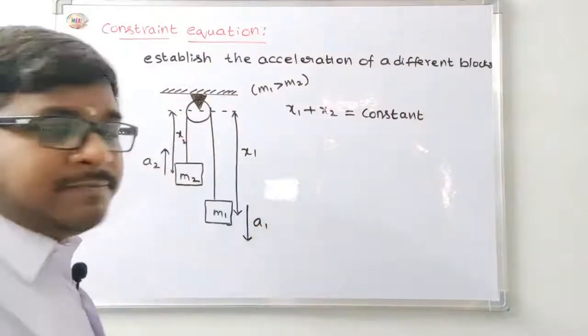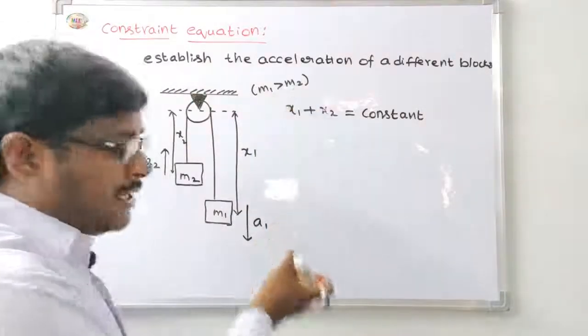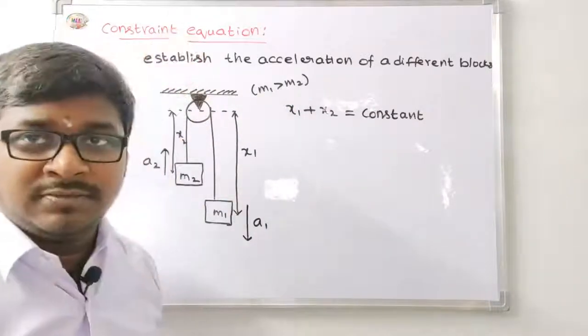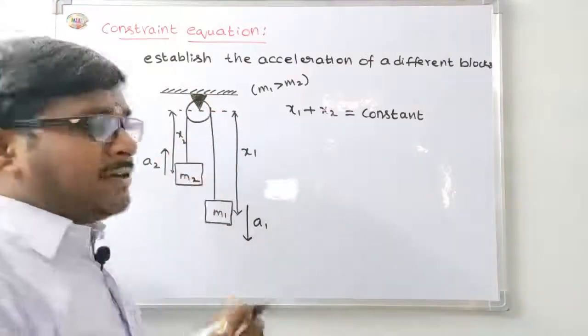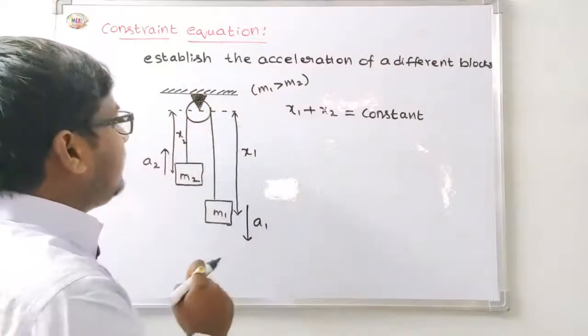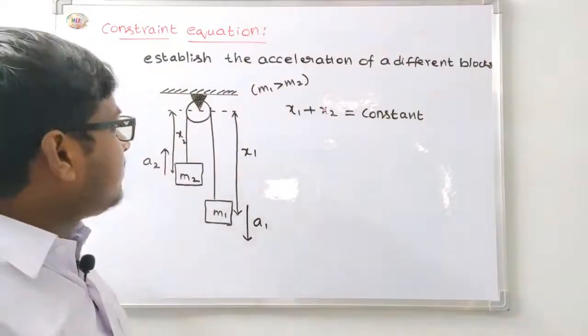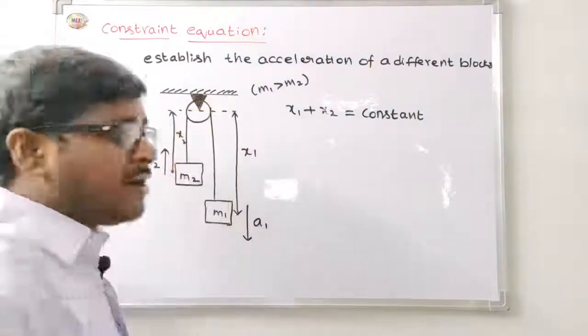In this figure, M1 is greater than M2, A1 is acting downward and A2 is acting in the upward direction. Locate the fixed point, taken as a dotted line at the center of the pulley system.